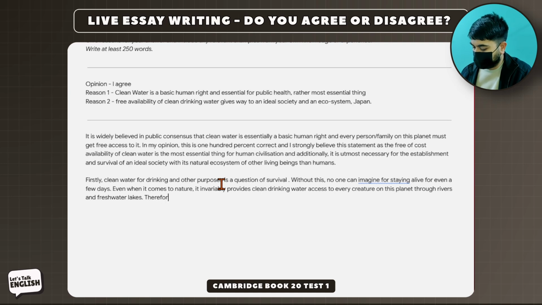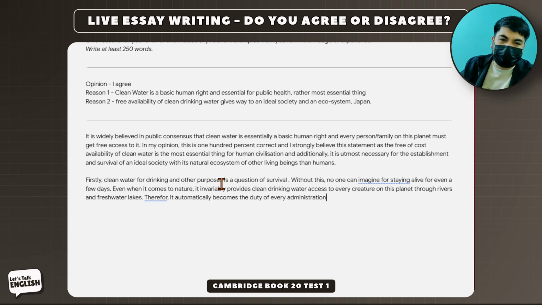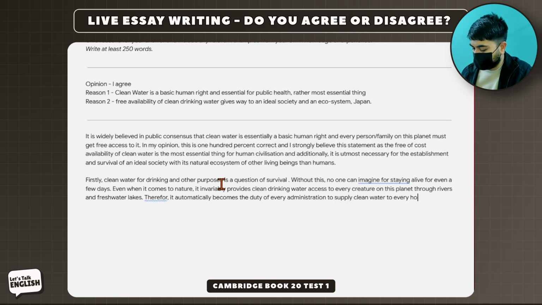Therefore, it automatically becomes the duty of every government. Let's write administration. We won't even have to write elected government or monarchy. To supply clean water to every household without charging a single penny. We were saying basic human right and essential for public health.